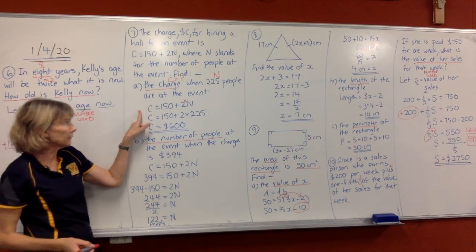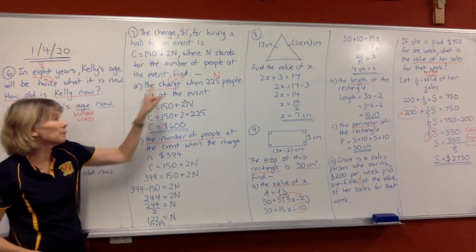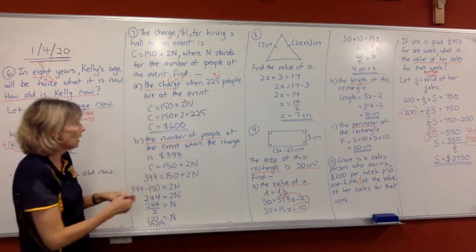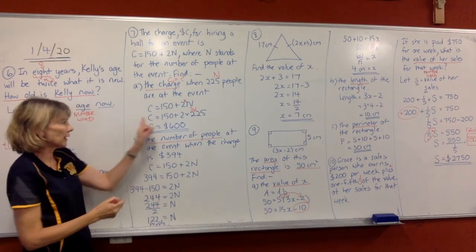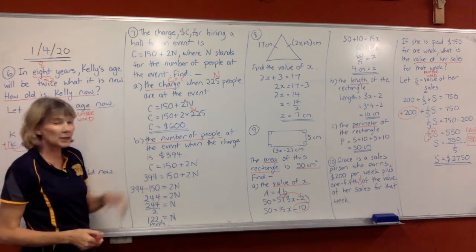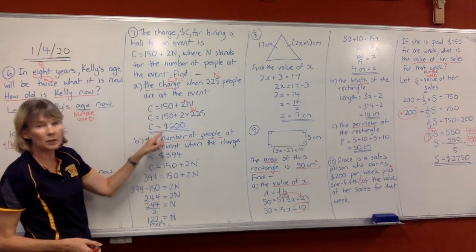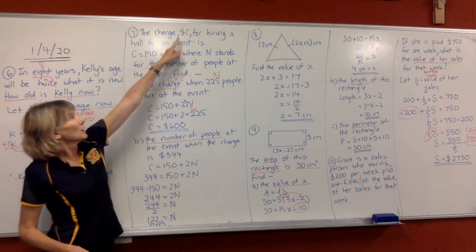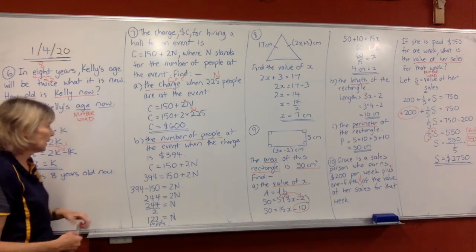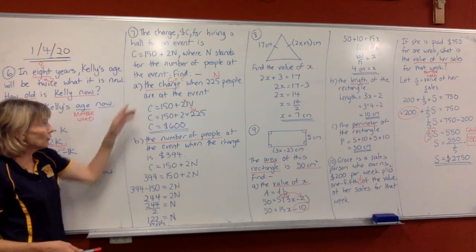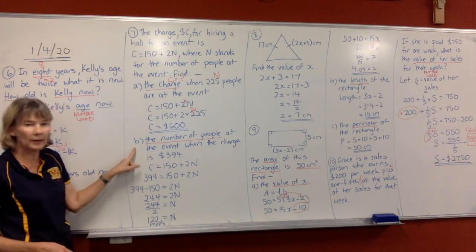So copy it down, and then we're going to put in the number they gave us, which is 225. That's going to go in for N. And then you're just going to work all that out on your calculator and get your answer. Just make sure that you put a dollar sign there because it is a charge, and the charge was in dollars.